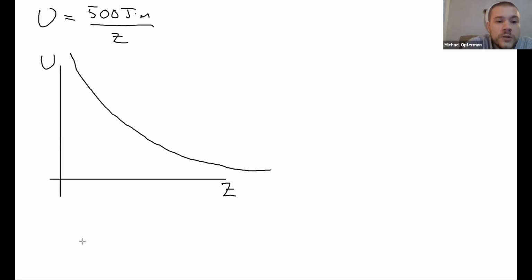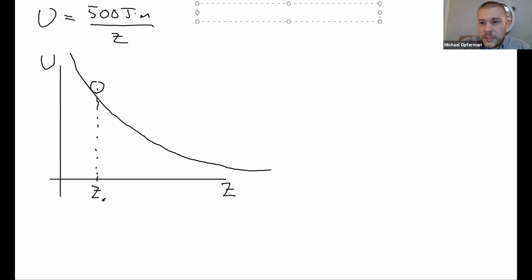So let's say that you release an object here at this z coordinate. Say this is your initial z coordinate for the problem. In the last problem, it was z equals 10 as the initial z coordinate, but whatever it is. Will that object move to the left or will it move to the right? Because kinetic energy can't be negative, the object is going to move in the direction that decreases its potential energy.